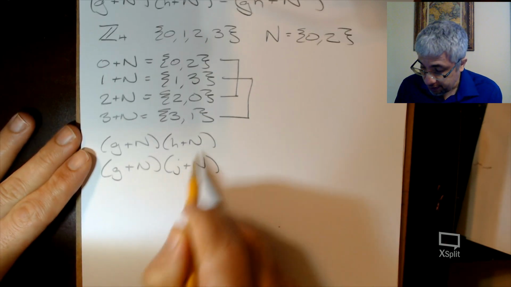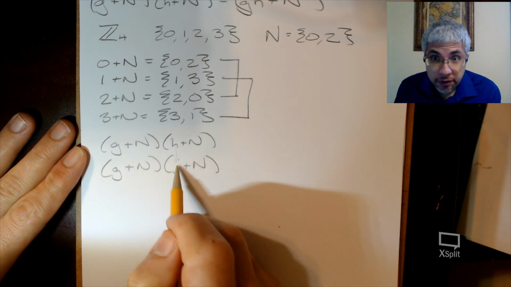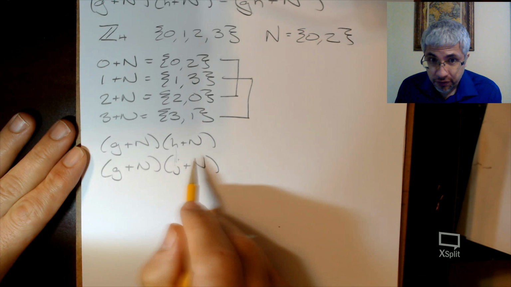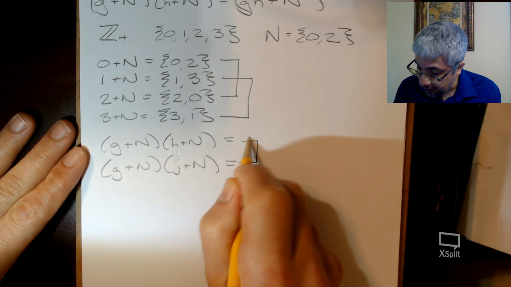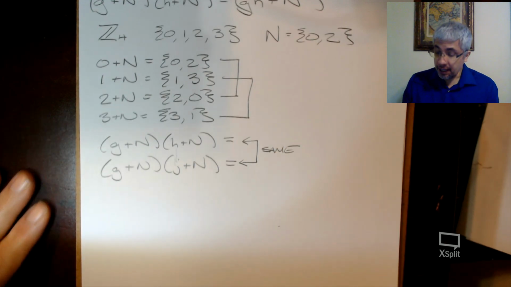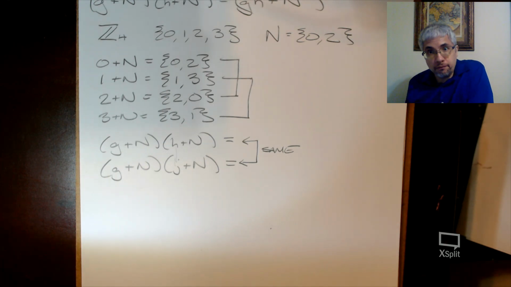Now, if h plus N is equal to j plus N, even if h and j are different elements of the group, however I define my multiplication, I had better get the same thing out. Because if I multiply the same thing to g plus N, even though it might look different, I had better get the same output.